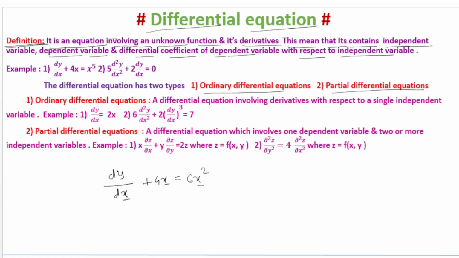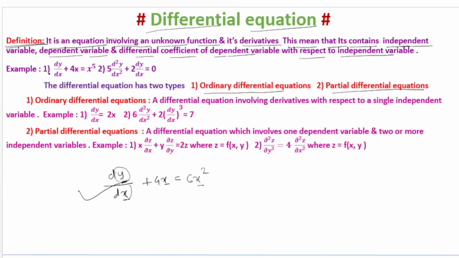We have taken the derivative of y; derivative means the differential coefficient of y, which is a dependent variable. The differential coefficient of the dependent variable with respect to the independent variable, that type of equation is called a differential equation. This is a differential equation.